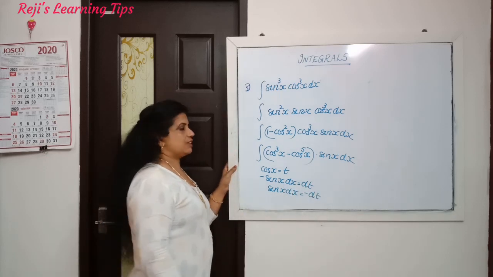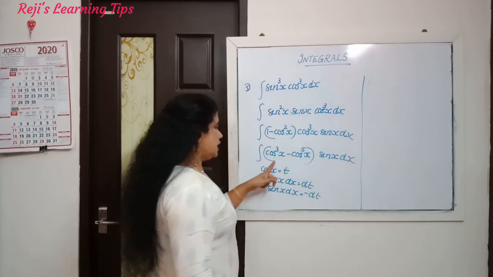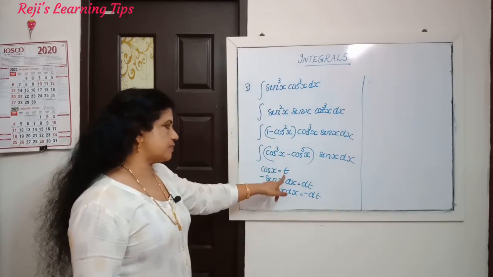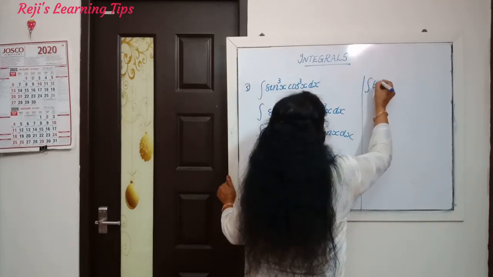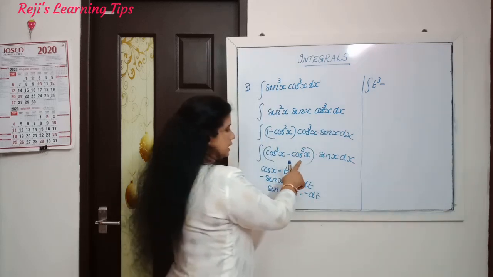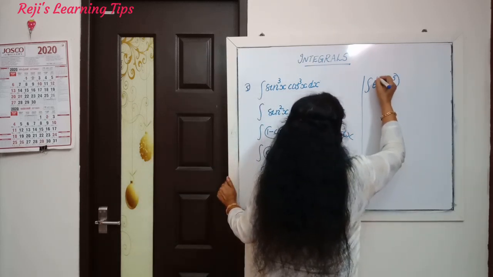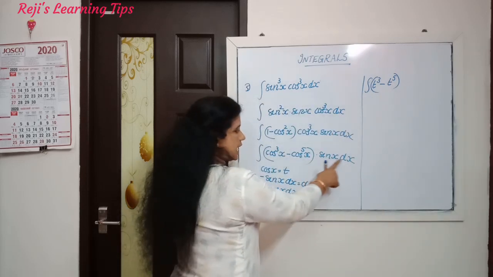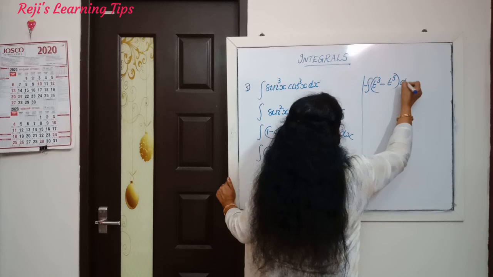Understood? Then instead of cos cube x we write t cube minus t raised to 5, and sin x dx is minus dt.